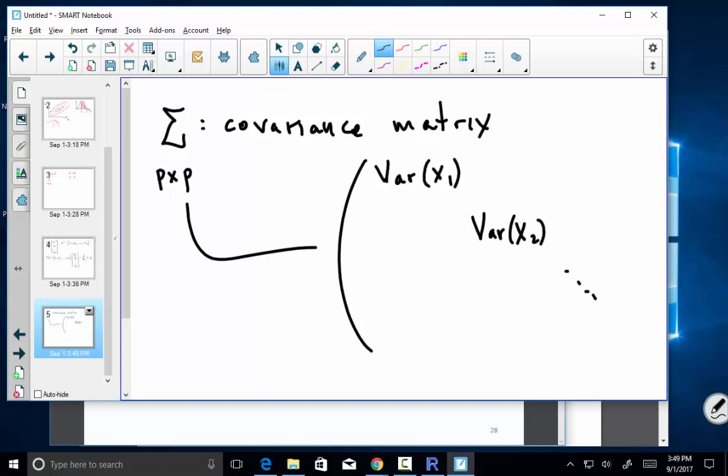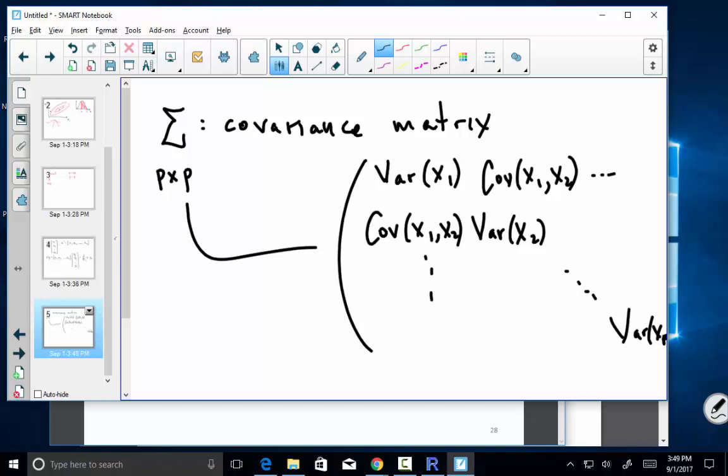Dot, dot, dot, way over here is the variance of the pth variable. And the off-diagonal elements are called covariances. P by P, the diagonals are all the variances, and the off-diagonals are covariances.